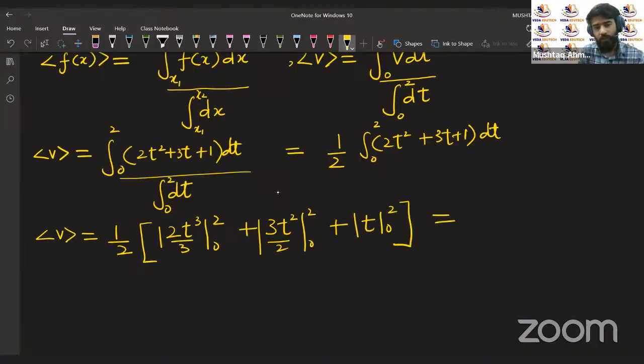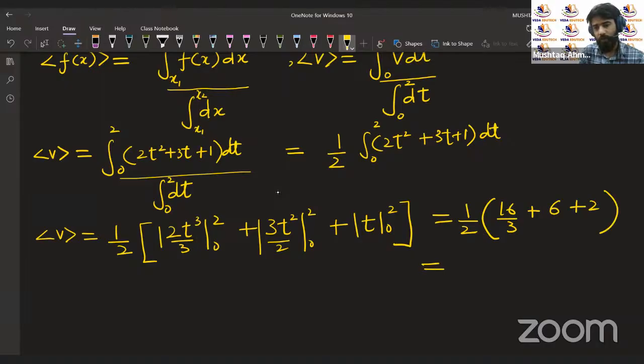So from here we can substitute the value of the upper limit. So it will be half of 2t cube: 2 cube is 8, and multiplied by 2 it will be 16 over 3, and 3t square over 2 will be 12 over 2, that's 6, plus 2, right?